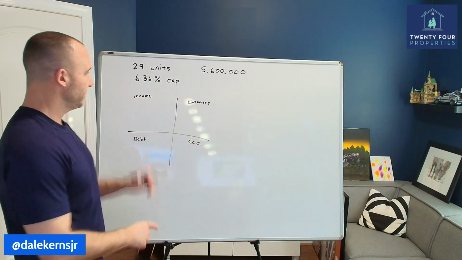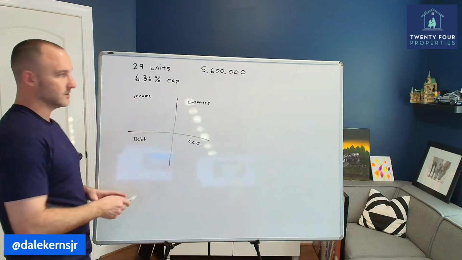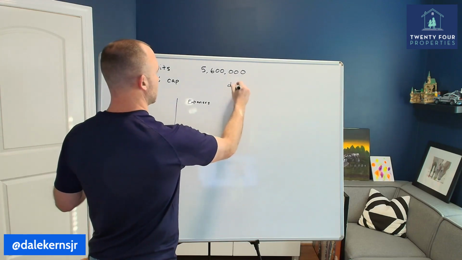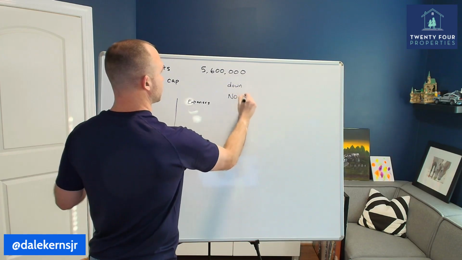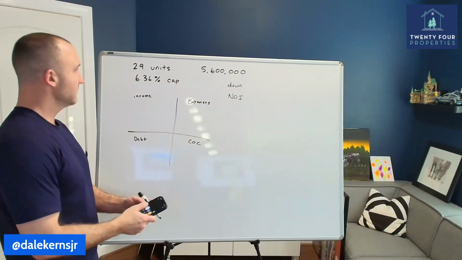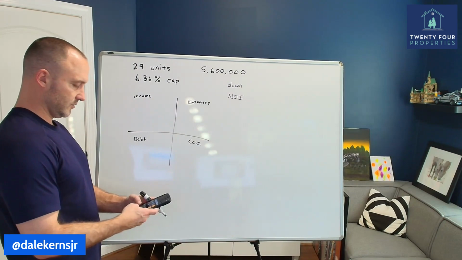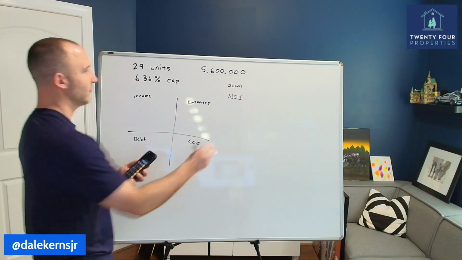We can fill in one of these, and we're going to get our down payment and our NOI. So 5.6 million times 0.25, that's our down payment, 1.4 million.